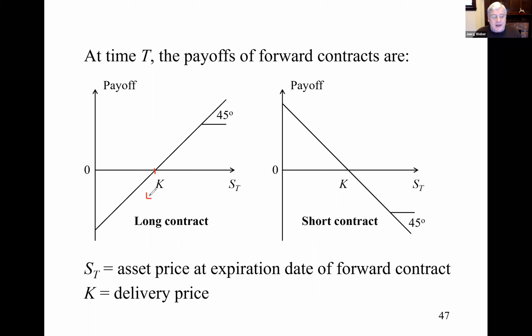The delivery price is $40. And so the delivery will take place maybe in 90 days. So that's the delivery price K. Now, if in 90 days' time it turns out that the price of oil is $50, then that's very good for you, because you have locked in 40, you still will get it at 40. So you have here a positive payoff of 10.